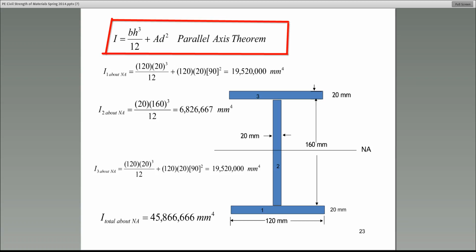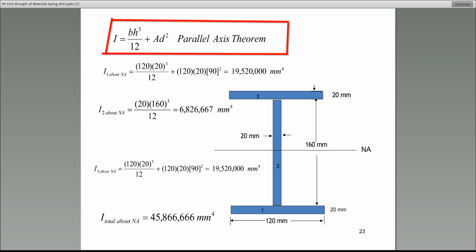So here, first you look and see the geometric shape. What does it look like? In this case, this is an I-beam, but that's a composite shape. Basically, think about it. There are 3 rectangles put together. We're going to look at each one separately.